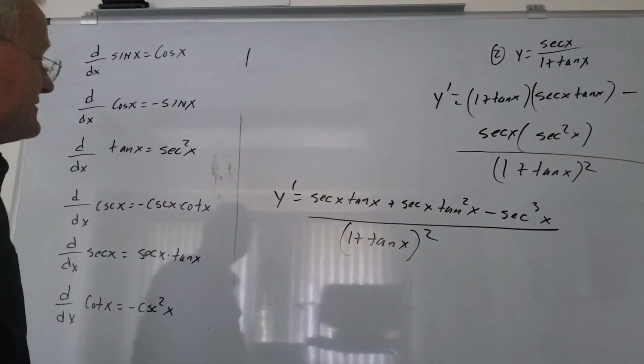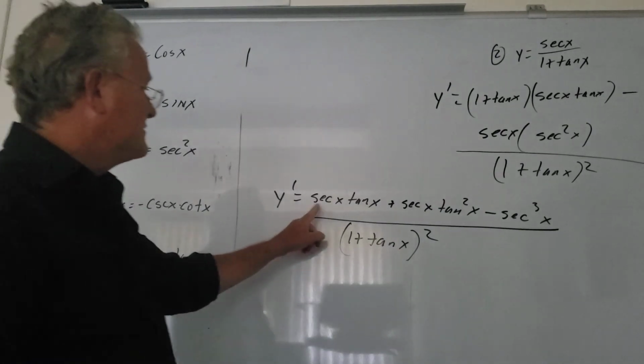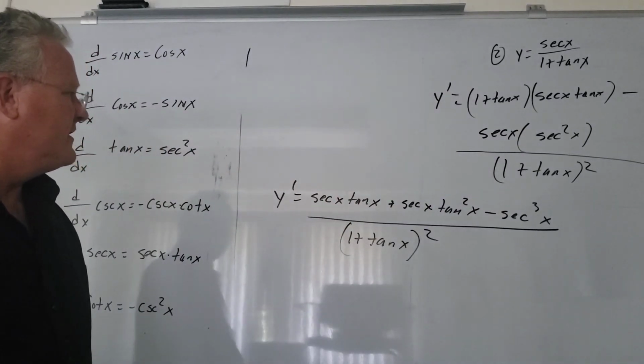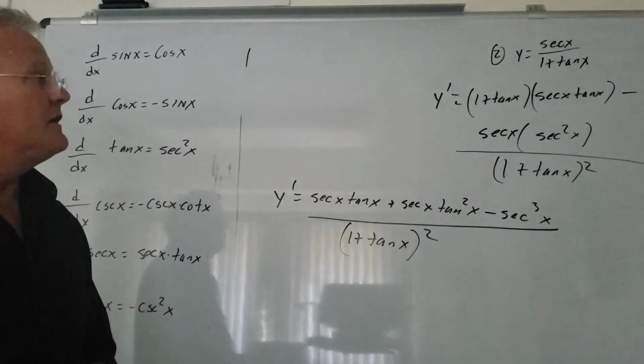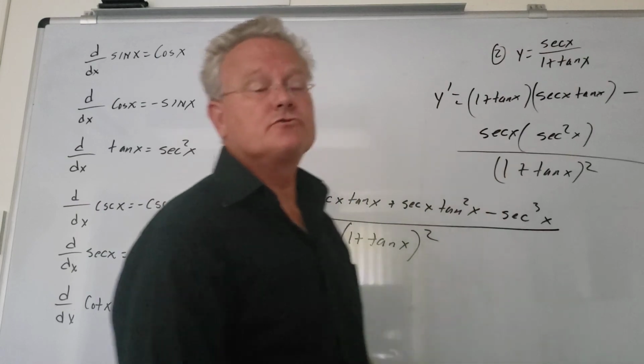Now, I don't know if this simplifies much more. Well, I'm going to leave it like this. Yeah, it looks like there's a secant in all the terms that we can factor out. But this is good enough. So that's the derivative of this particular problem that is a quotient that contains trig functions.